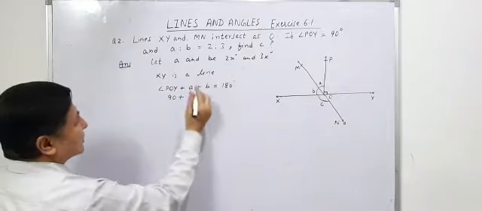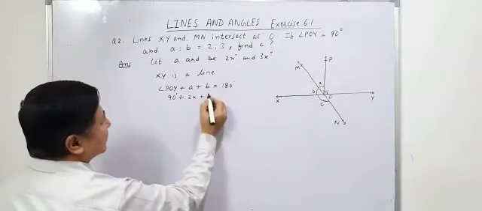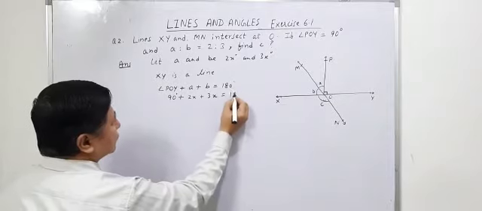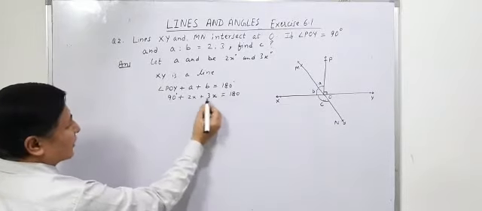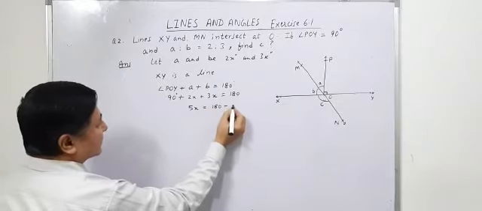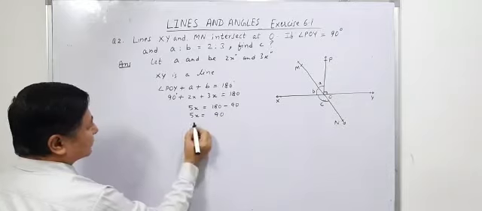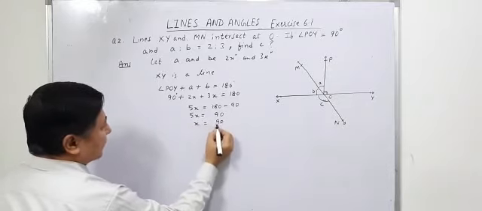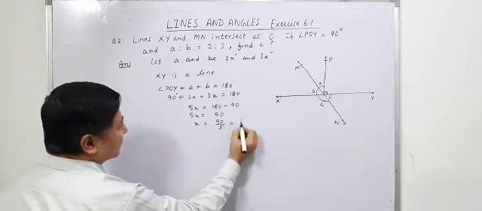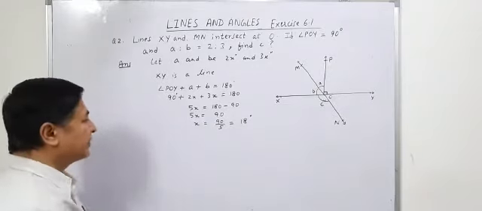Angle A is 2x degrees, angle B is 3x degrees, equal to 180. 2x plus 3x is 5x, equal to 180 minus 90. So 5x is equal to 90. So x is equal to 90 upon 5, and that is equal to 18 degrees. The value of x is 18 degrees.